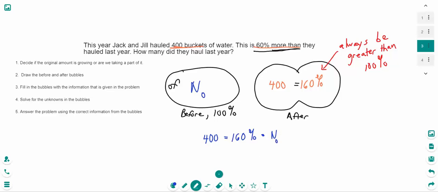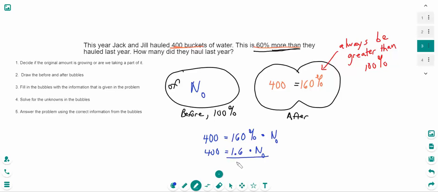Now, 160% can be written as 1.6, correct? If I change that percentage into a decimal, 1.6 times n0 equals 400.